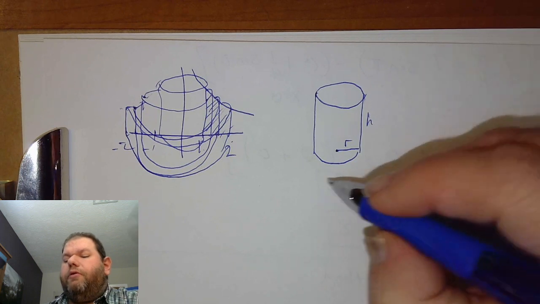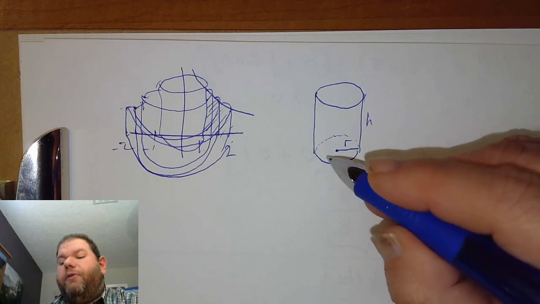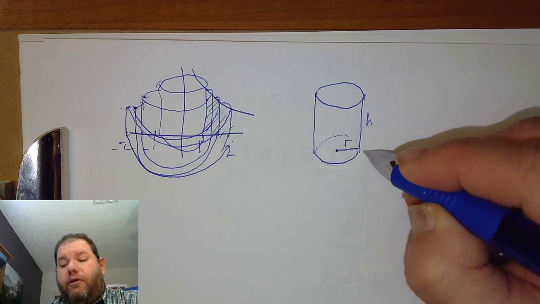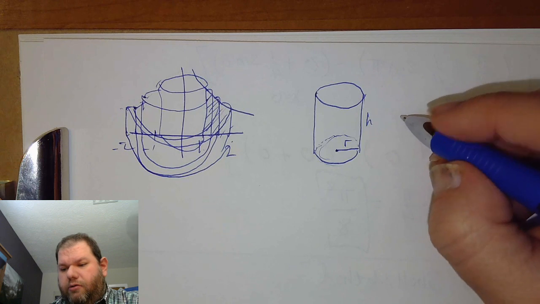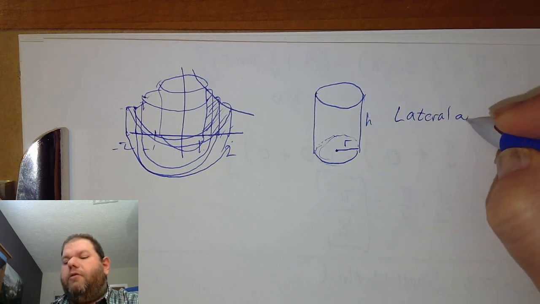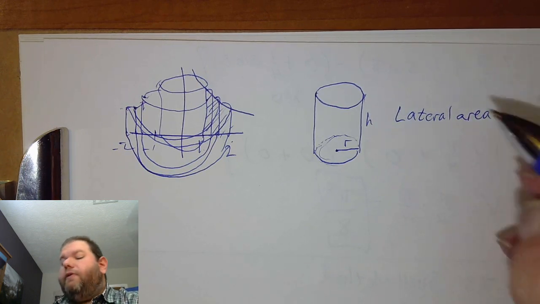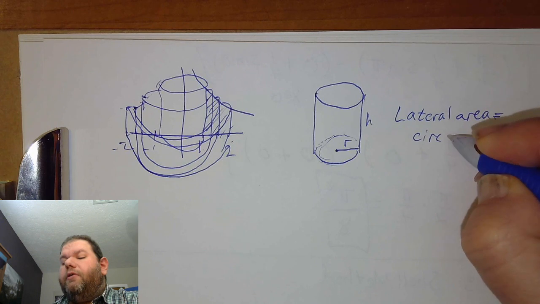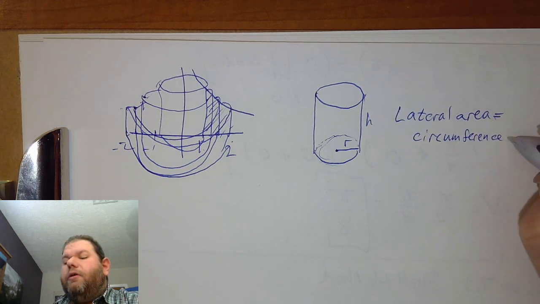And so the lateral area, basically what we do is we take the circumference of the cylinder times the height.